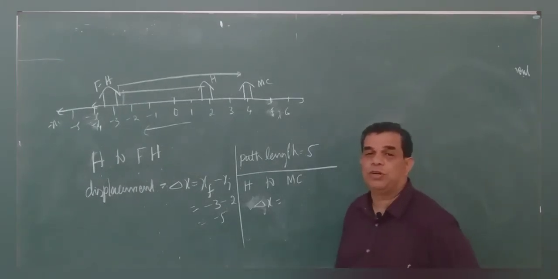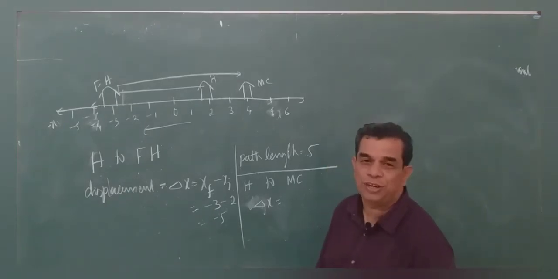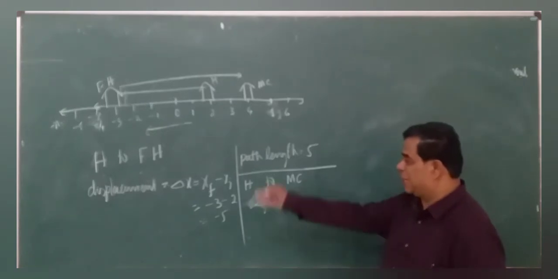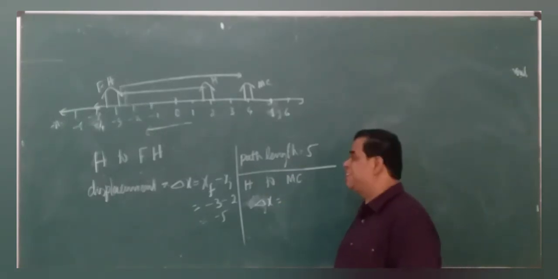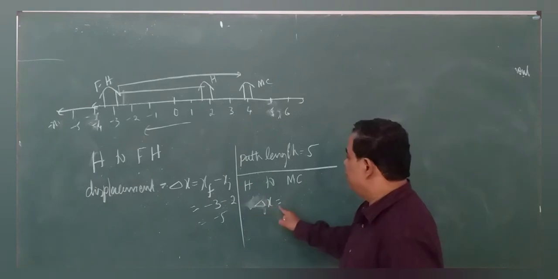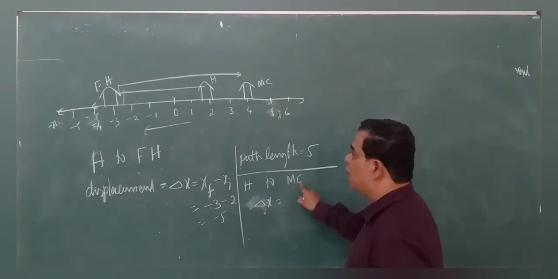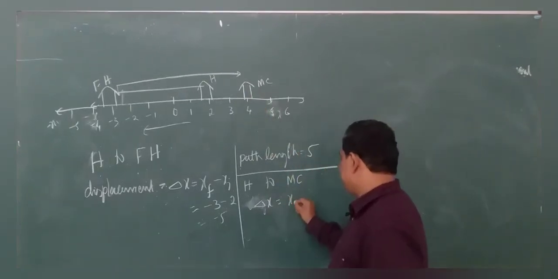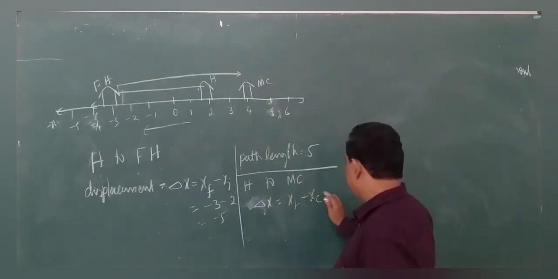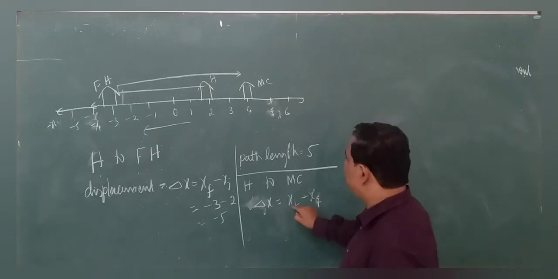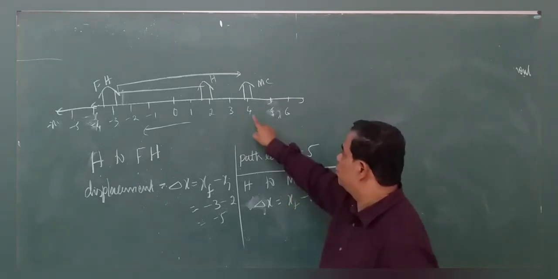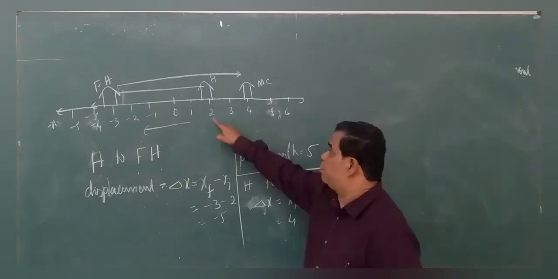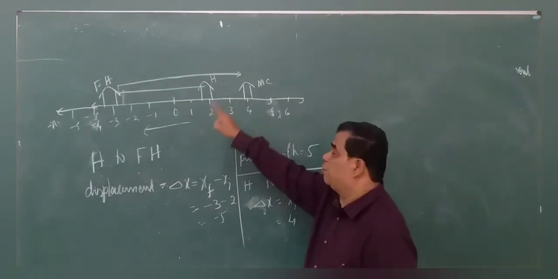Instead of typing YOU, you just type U. Like that, let me be short in writing. For house to college, again xf minus xi. What is xf? The final position, college, is +4. And xi, the initial position, is the house. Let's not bother about how you traveled.